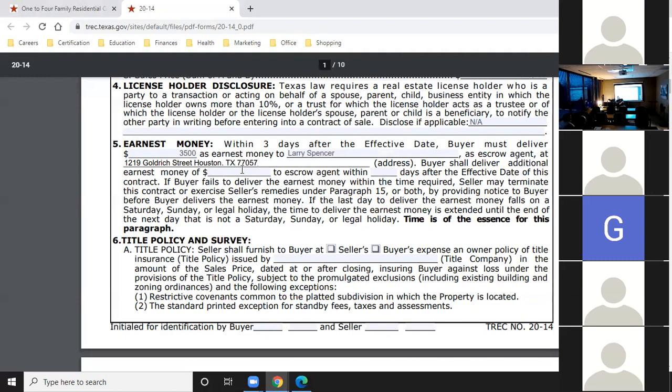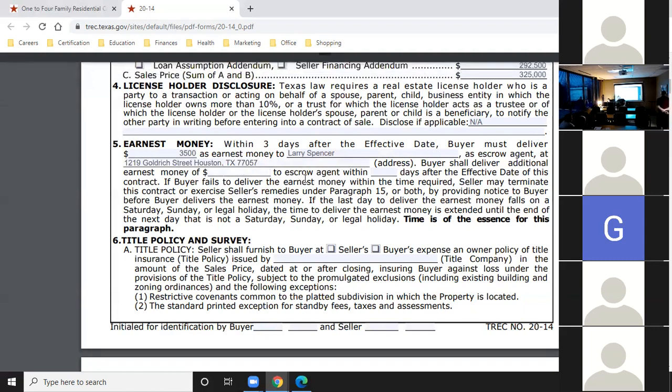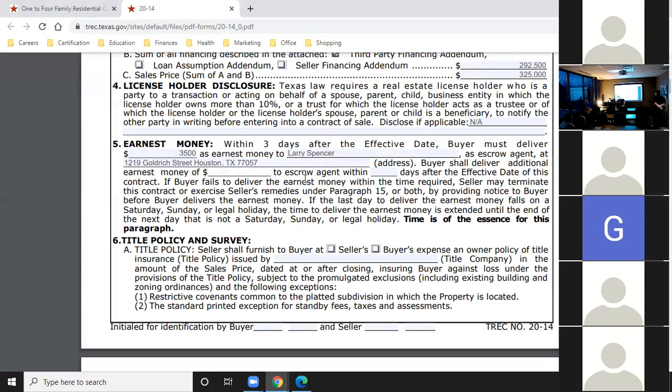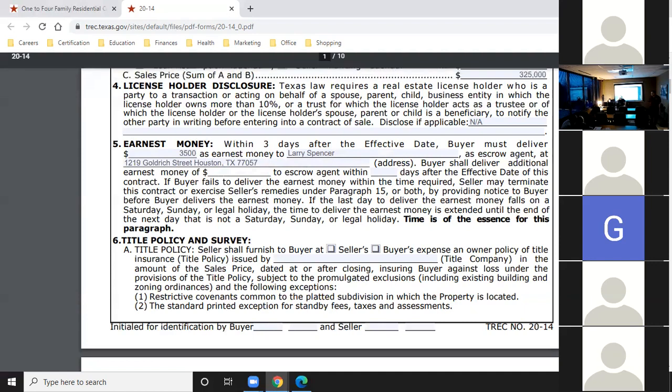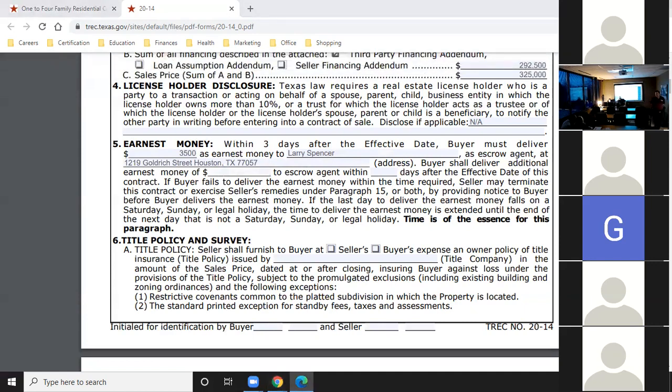Okay, so before we move along there, now Travis, what's the next one? It says buyer shall deliver additional earnest money of blank to escrow agent within blank days. Does anything have to go in those ones? Y'all see anything else about escrow money other than what you already got with that 3,500?